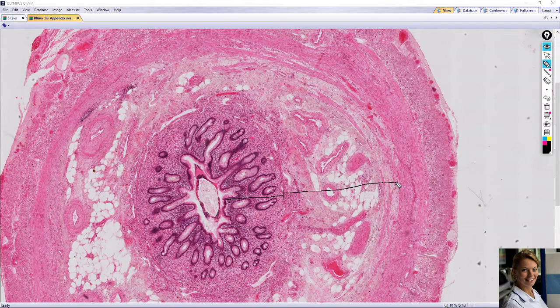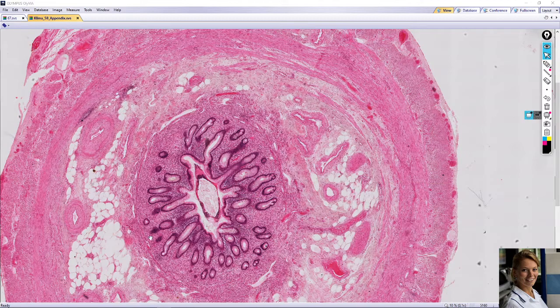The next layer is formed from smooth muscle layers, firstly circular layer and longitudinal layer, and the last layer is serosa, loose connective tissue with one layer of squamous cells.